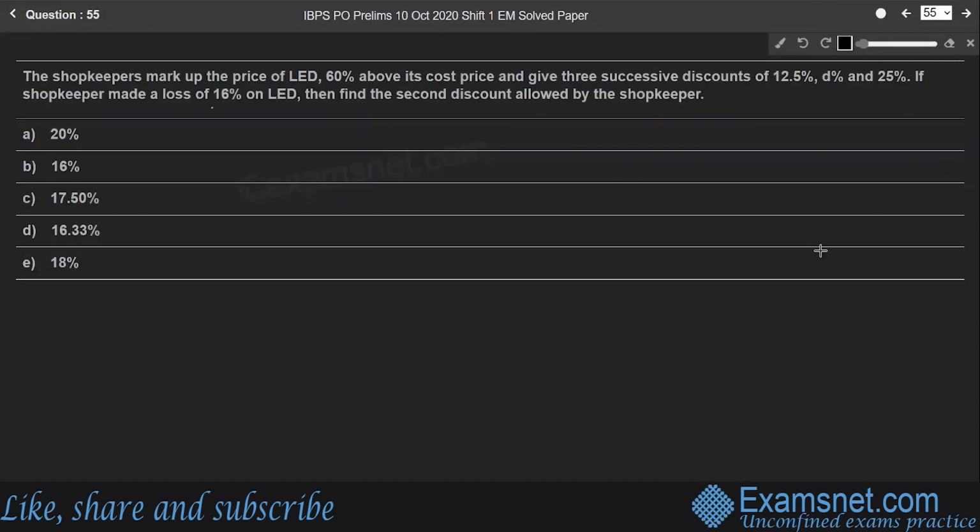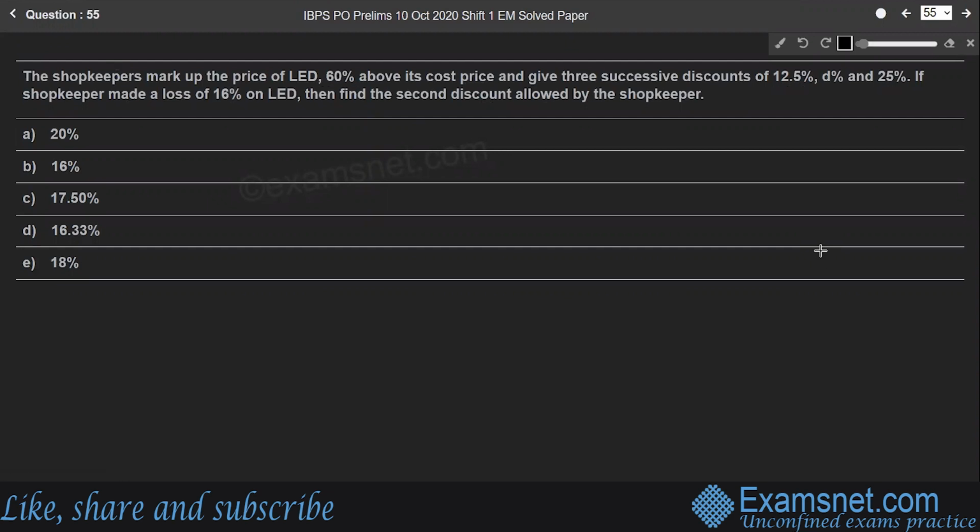Question 55. The shopkeeper marks up the price of LEDs 60% above its cost price and gives 3 successive discounts of 12.5%, D% and 25%. If the shopkeeper made a loss of 16% on the LED, then find the second discount allowed by the shopkeeper.